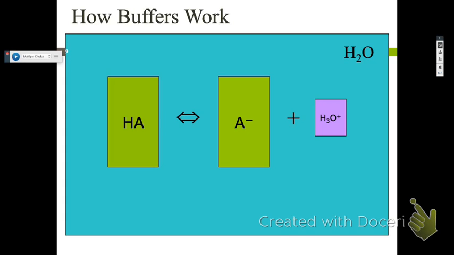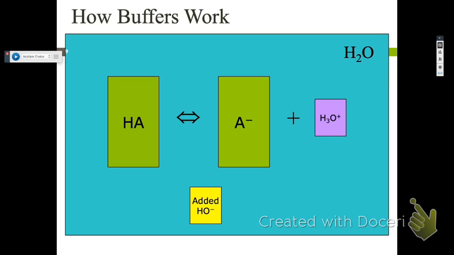If we have a buffer, we have a mixture of these two species. We have some hydronium. This is actually going to be a really, really small amount. That looks like way too much. So if we add hydroxide, what's it going to do? The way we've been talking about it, what's it going to react with?